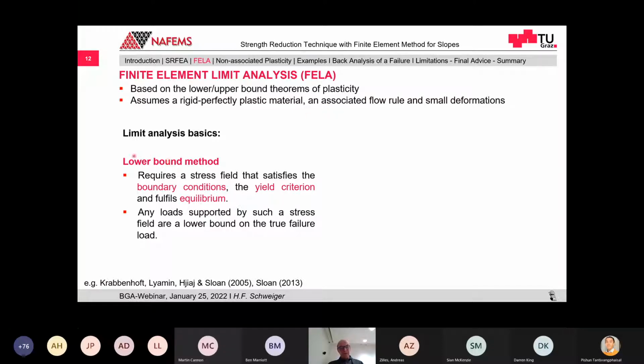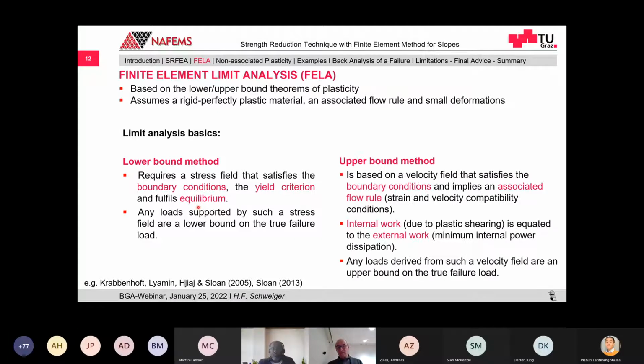Just briefly, you determine a lower bound, and that means you satisfy the boundary condition and the yield criterion, and you fulfill equilibrium. So any load supported by this will be smaller than the true collapse load. The upper bound satisfies the boundary condition and an associated flow, and you equate the internal work and the external work.